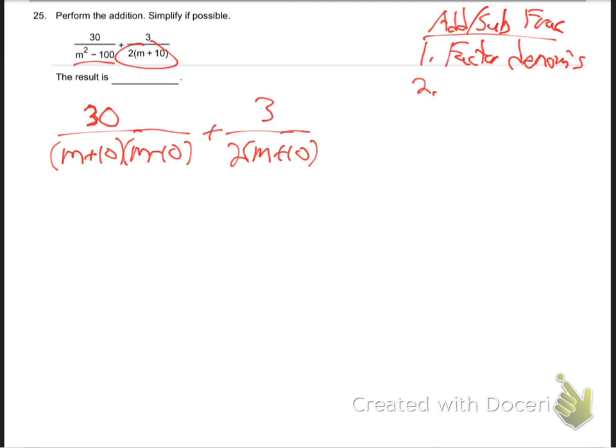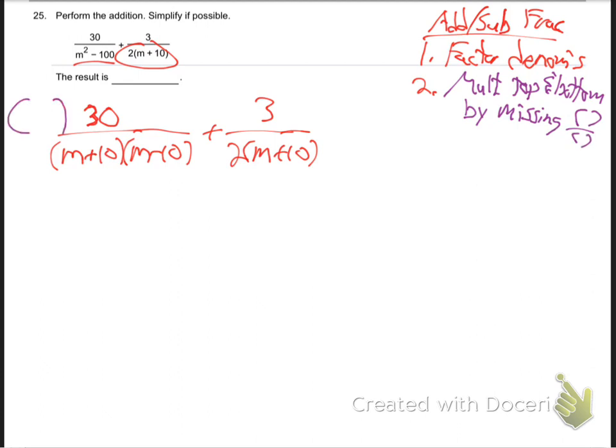Okay, step 2. Multiply top and bottom by whatever is missing. So I'm going to compare this denominator to that. What's he missing? He's missing that 2.